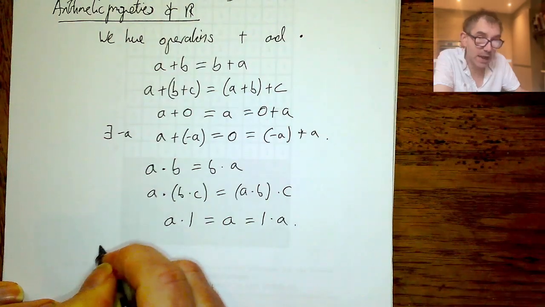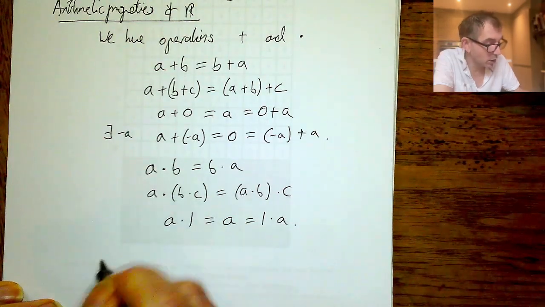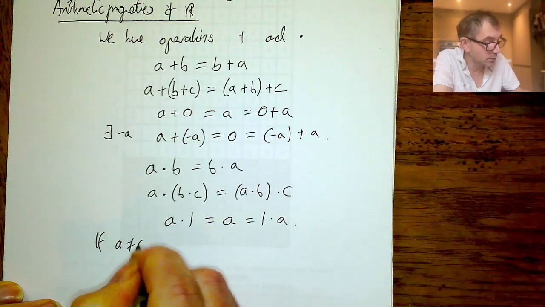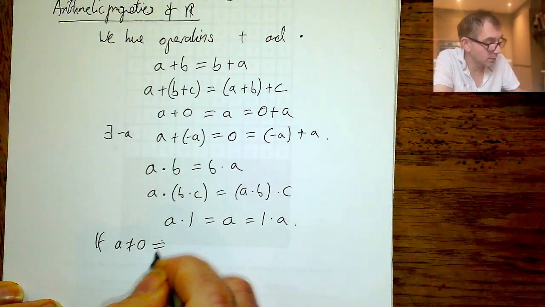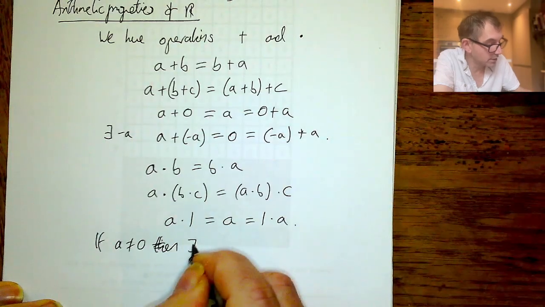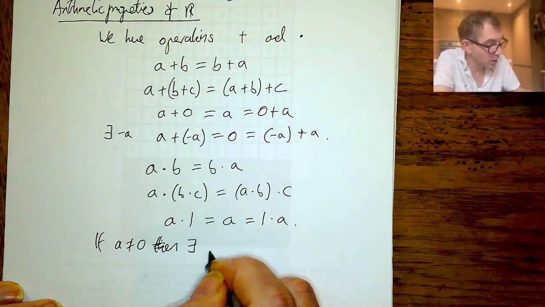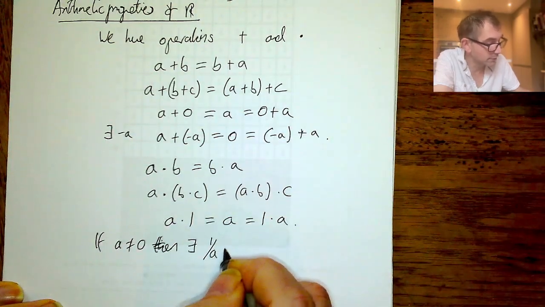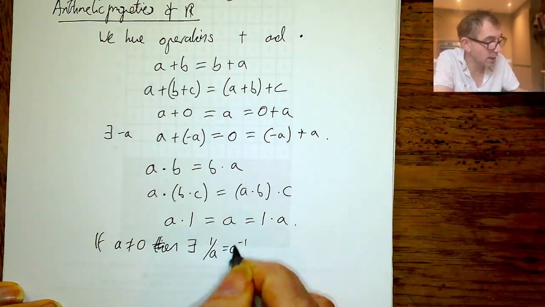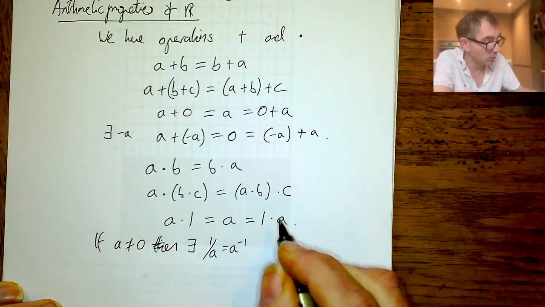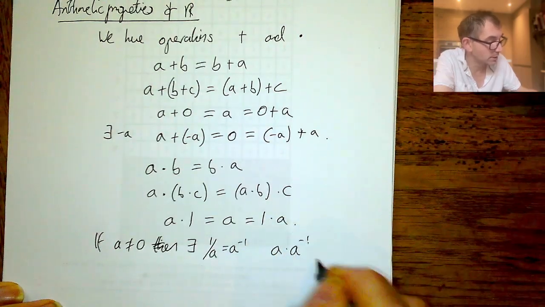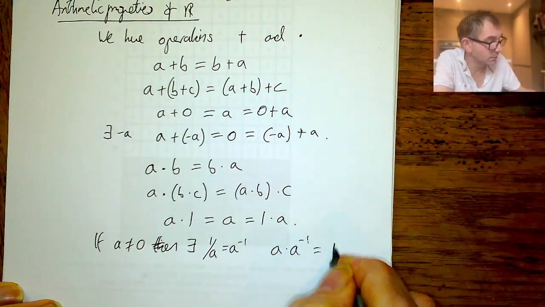And as long as A is not equal to 0, if A is not equal to 0, then there exists, we can write it in different ways, 1 over A, it's going to be the same thing as A to the minus 1. And what's it going to do? Well, it just multiplies by A to give you 1.